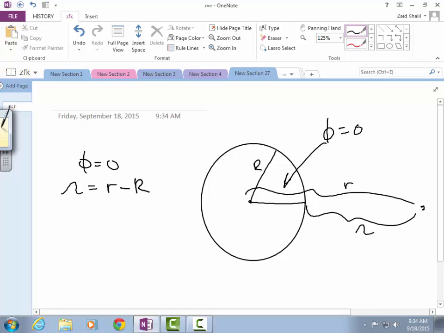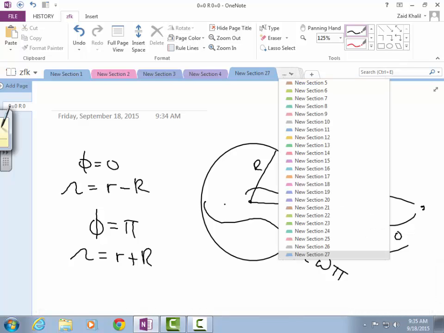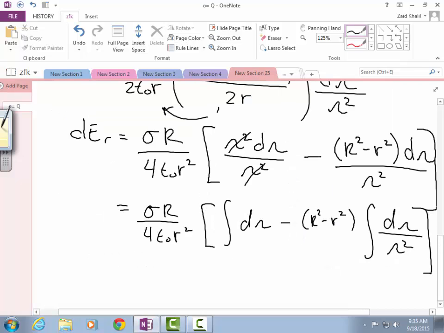What about when phi equals pi? It's going to be little r plus r. So is that clear? Our limits of integration go from little r minus r to little r plus r. This is going to go from little r minus r to little r plus r, and this is going to go from little r minus r to little r plus r.